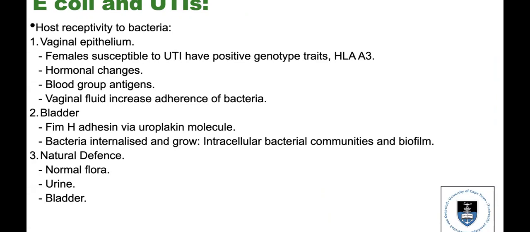Patients with certain blood groups have also been found to have increased UTIs. And vaginal fluid: bacteria like to adhere when the surface is nice and moist, so adherence to the vaginal fluid increases UTIs.